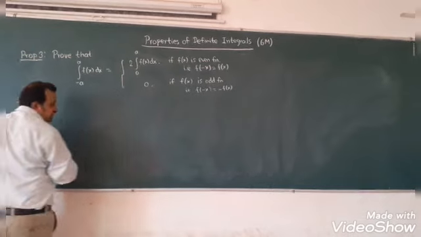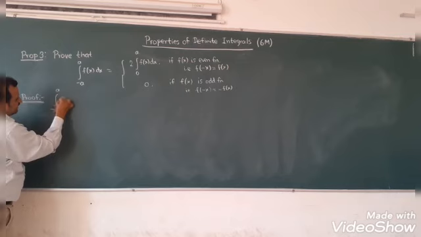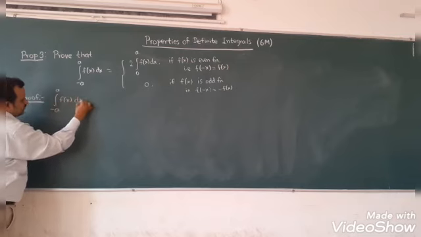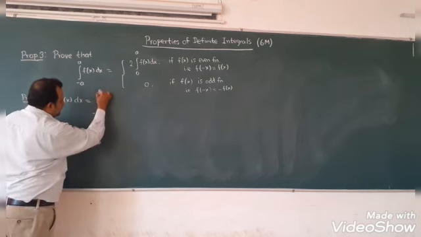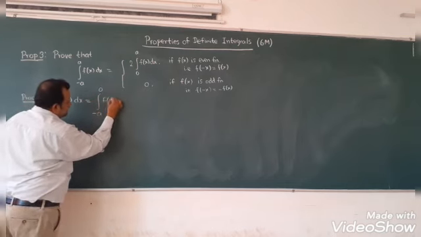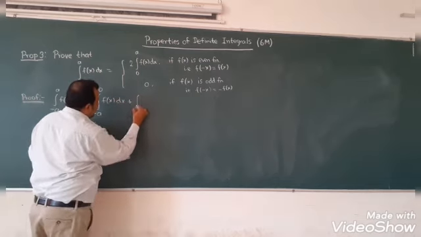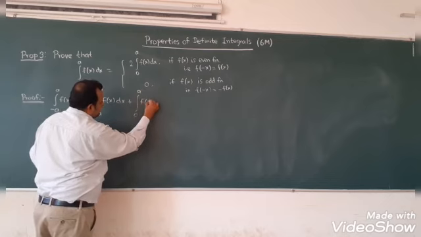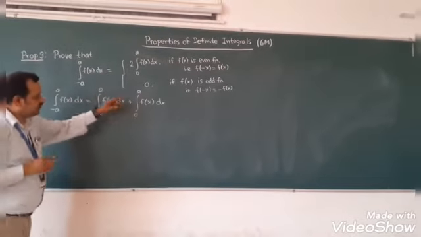Let us see the proof of this. So integral from minus a to a of f of x dx can be written as integral from minus a to 0 of f of x dx plus integral from 0 to a of f of x dx. Minus a to 0, 0 to a. So you can see here, minus a to a f of x dx, actually by using what property is this?